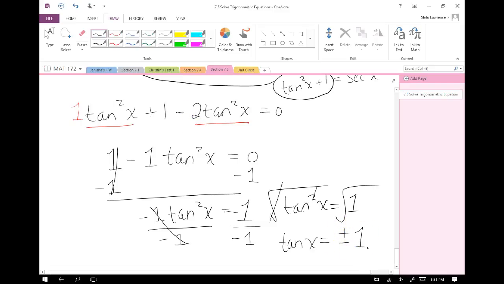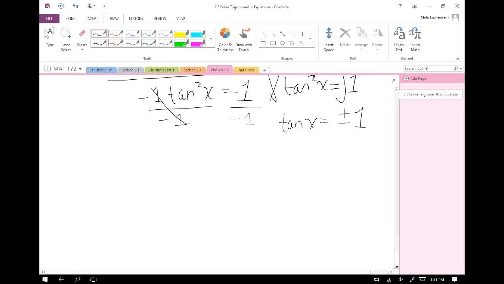If you're going to square root to help you solve, you've got to put plus or minus in front of it. So tangent is equal to positive or negative 1. This is an easy place to remember on your unit circle, because tangent is sine over cosine. And the only time a fraction comes out to be 1 is when the top and the bottom match.